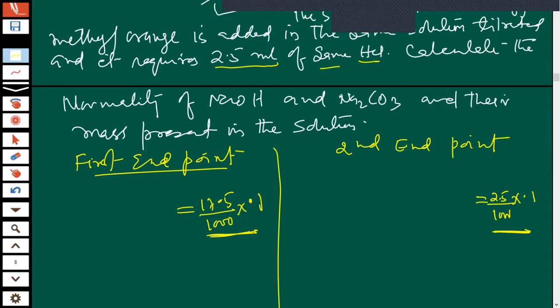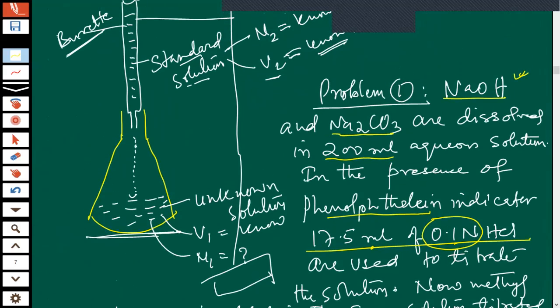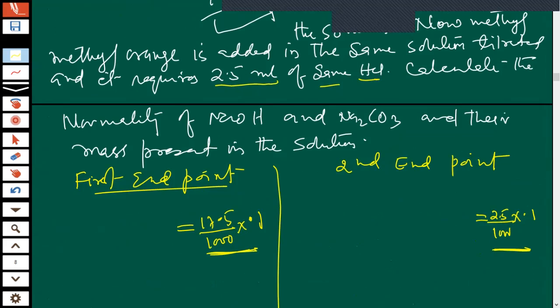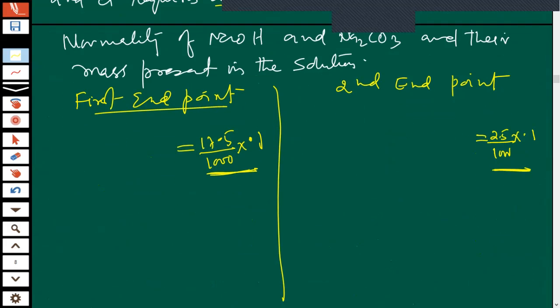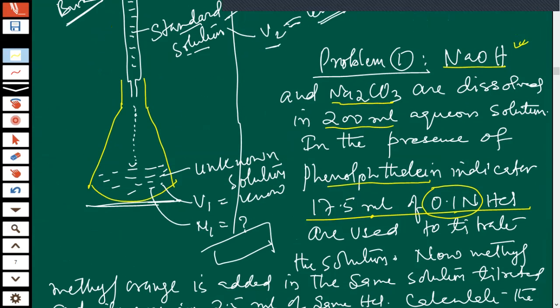Okay, children. So just see, it was NaOH and Na2CO3. NaOH is completely used, children, in the first endpoint. So we will use the number of equivalents of NaOH, and Na2CO3 will react completely or half?